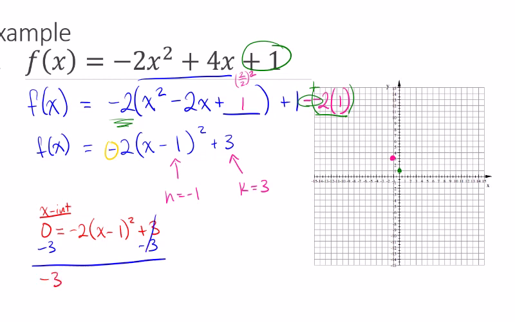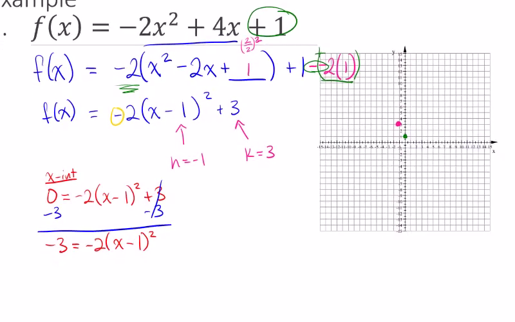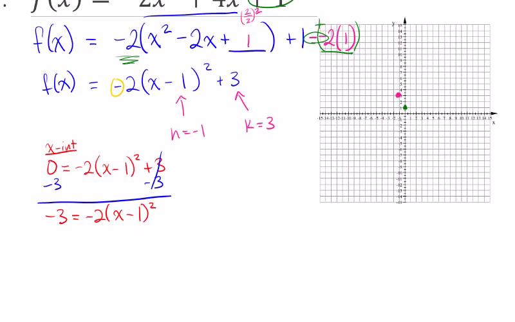We get -3 equals -2 times (x minus 1) quantity squared. All right, and then here we could go a few different ways with this. Probably the best thing to do is divide by -2. So we get +3/2 equals x minus 1 quantity squared.